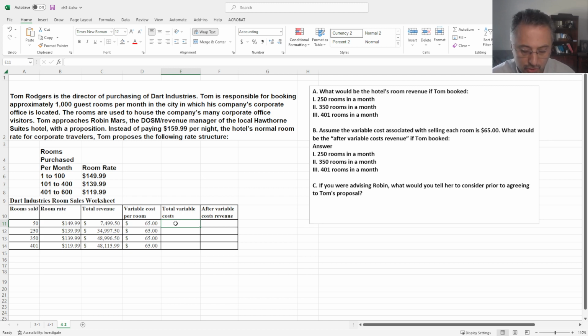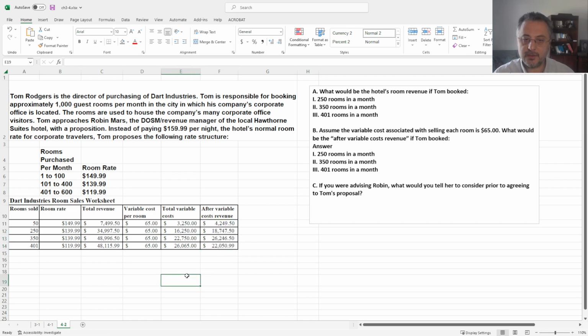Total variable cost is going to be the variable cost per room, which according to the assumption is 65, so we get this variable cost times rooms sold. These are the room costs, and after variable cost is basically total revenue minus total variable cost.